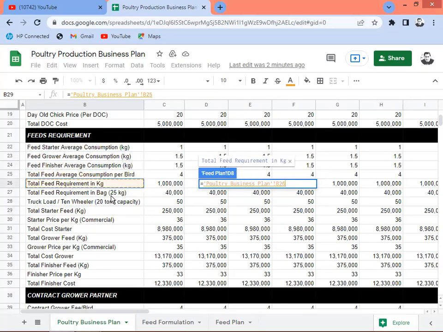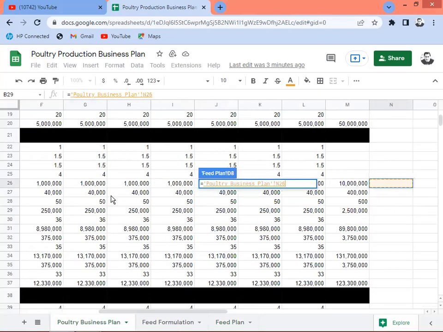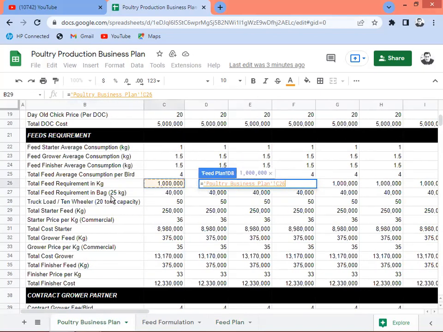Starter feeds in kilograms. Total feed requirement in kilograms. What we need is the starter, because we're working on the starter first. Next we'll work on the grower feed, and the last one would be the finisher feed.